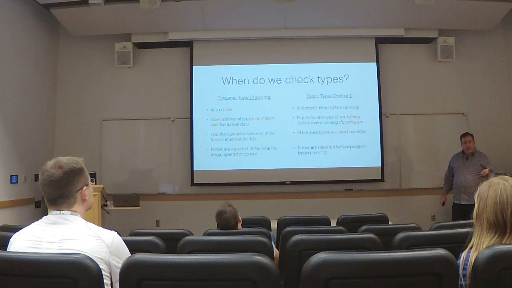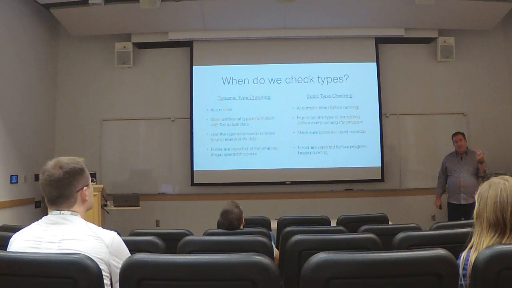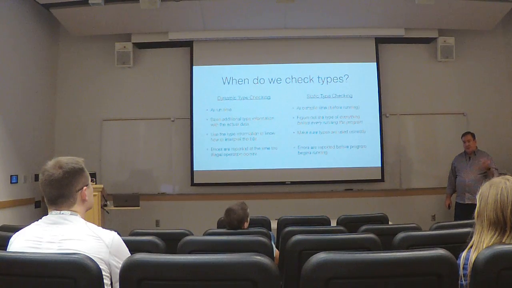You check that at runtime. It means you don't find out about errors until runtime, but it also means the type system's not nagging you until runtime. This is really, really easy to implement, and we already did some of it in our interpreter so far.